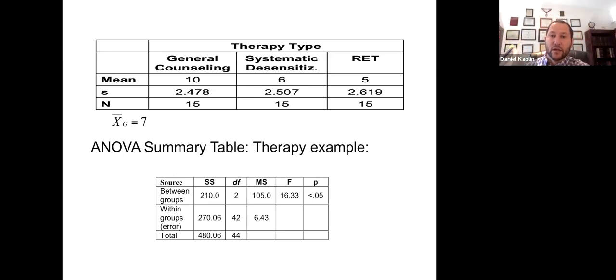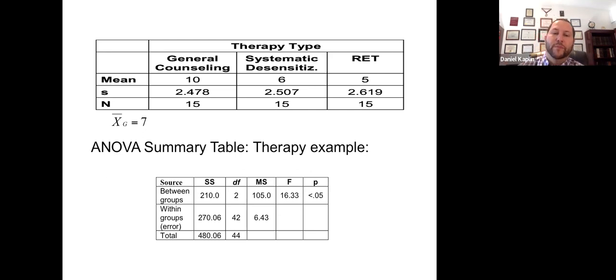So it's clear our F value of 16.33 is greater than our critical value. Thus, in this case, we would reject the null. That would have been our decision here, which would suggest that using a one-way analysis of variance, we found statistically significant differences in treatment outcomes, whether you used general counseling, systematic desensitization, or rational emotive behavioral therapy.